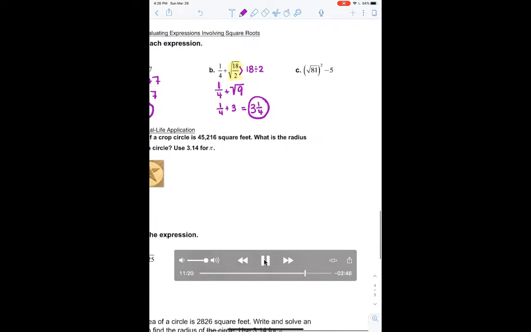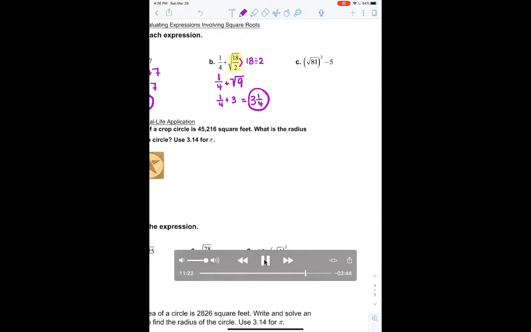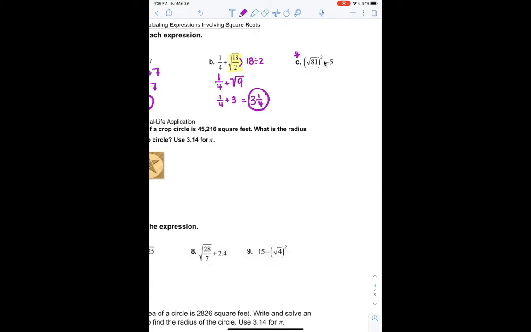Letter C. Now, letter C is special, okay? Because I noticed two things. Primero tengo el raíz cuadrado, y después I have my squared symbol. So I have the square root squared. Now, if you've noticed already, squared and square root are kind of opposites.